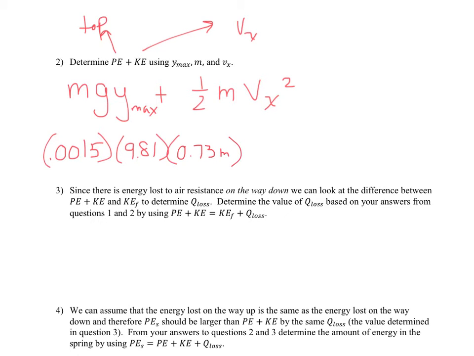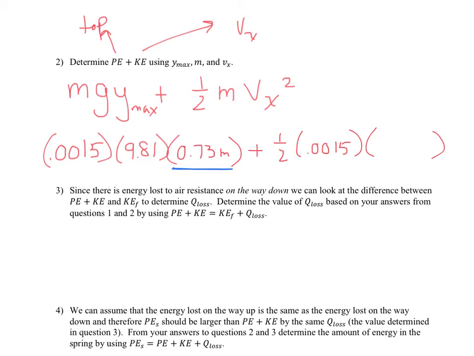So again, your Y max might be different. I'll underline that in blue. Your work might be different right here. .73 is your Y max. If you go back up, look at your data. Your average Y max. Go back up to your data, all the way back up.